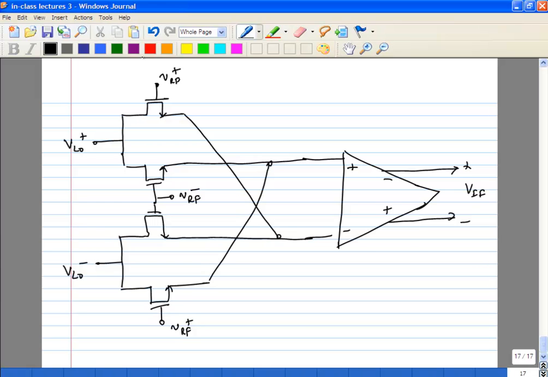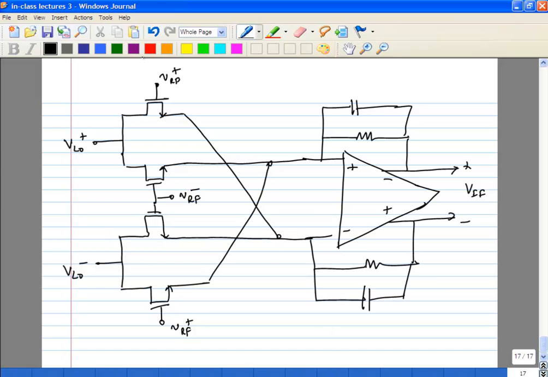Your IF output goes like this. Okay, this is basically to convert the current to voltage. You have two more capacitors CV.